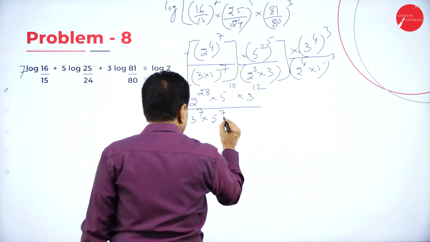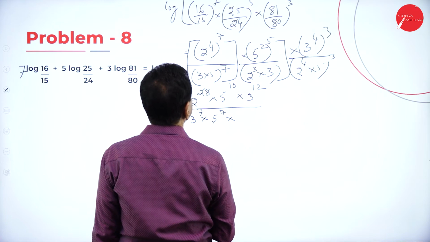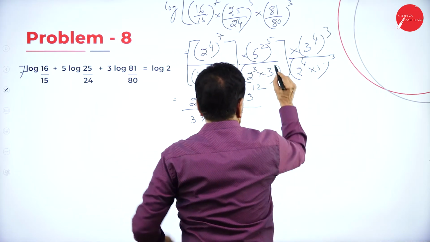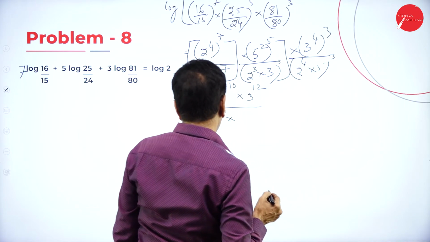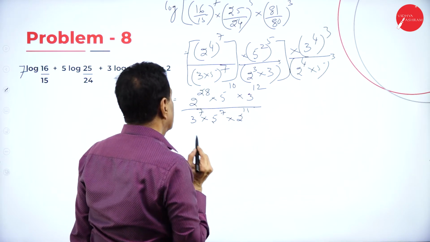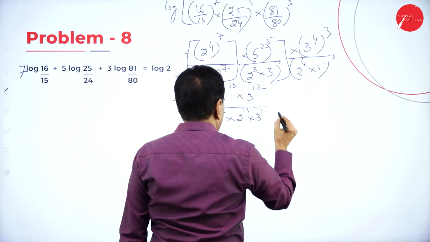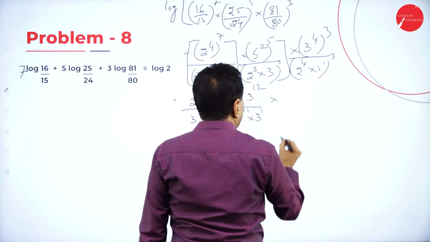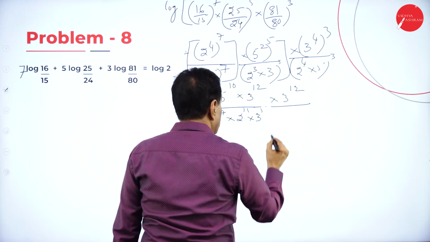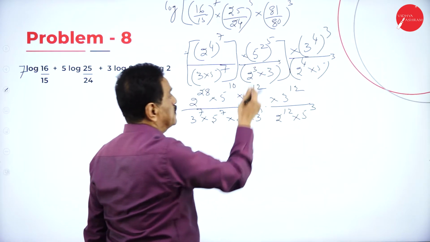This is 2 to the power of 3 to the power of 5. 2 to the power of 3, 3 5s are 15, into 3 to the power of 5 into 3 to the power of 12, 2 to the power of 12, 5 to the power of 3.